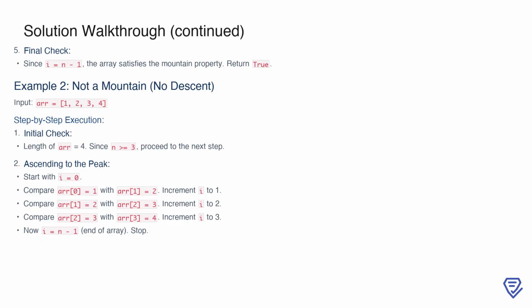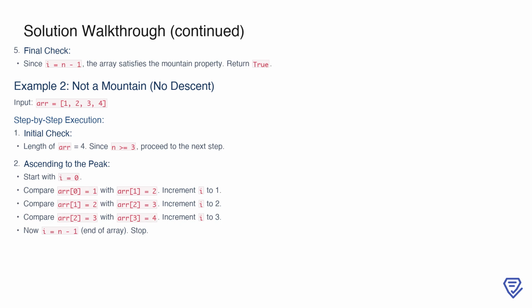Now, let's look at example 2, where the input array is 1, 2, 3, 4. Again, we start with an initial check of the array length, which is 4. Since the length is greater than or equal to 3, we move on to the next step. We begin ascending to the peak, starting from index 0. Comparing arr[0], which is 1, with arr[1], which is 2, we see that 1 is less than 2, so we increment i to 1.